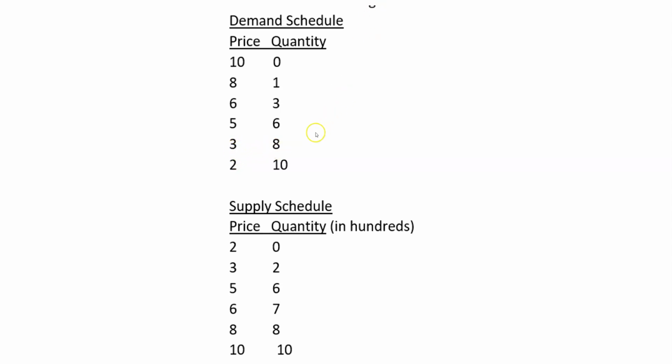And again, this should have said 100s, but it doesn't. Down here, you'll see at a price of 3, they'll supply 2. So one way to figure out how much the shortage would be, which is not a question I asked you, but if I had, it would be the difference between 200 and 800. So you don't actually have to graph it, but in most cases, they're going to ask you to graph this.